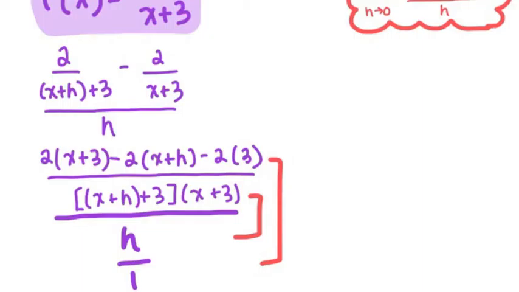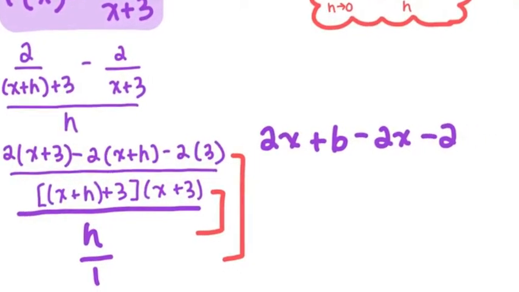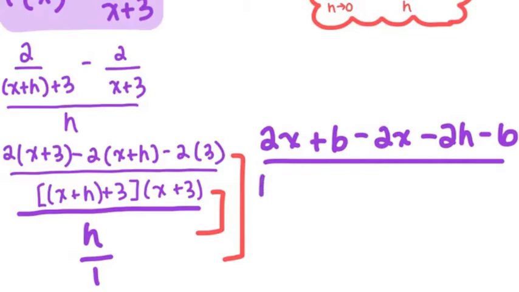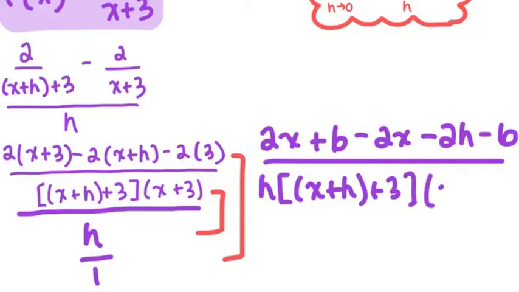Now we will only be left with 2x plus 6 minus 2x minus 2h minus 6, everything over h, bracket x plus h plus 3, times x plus 3.